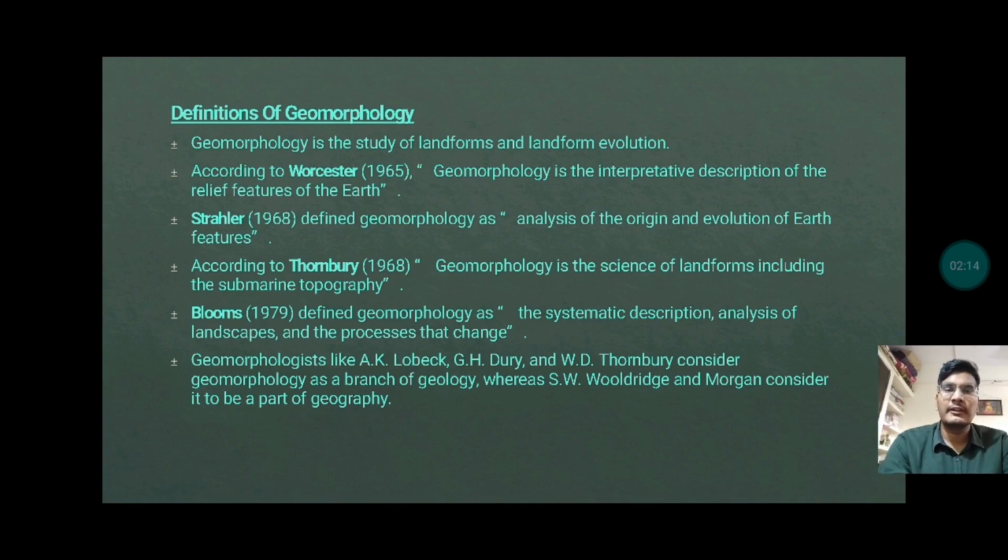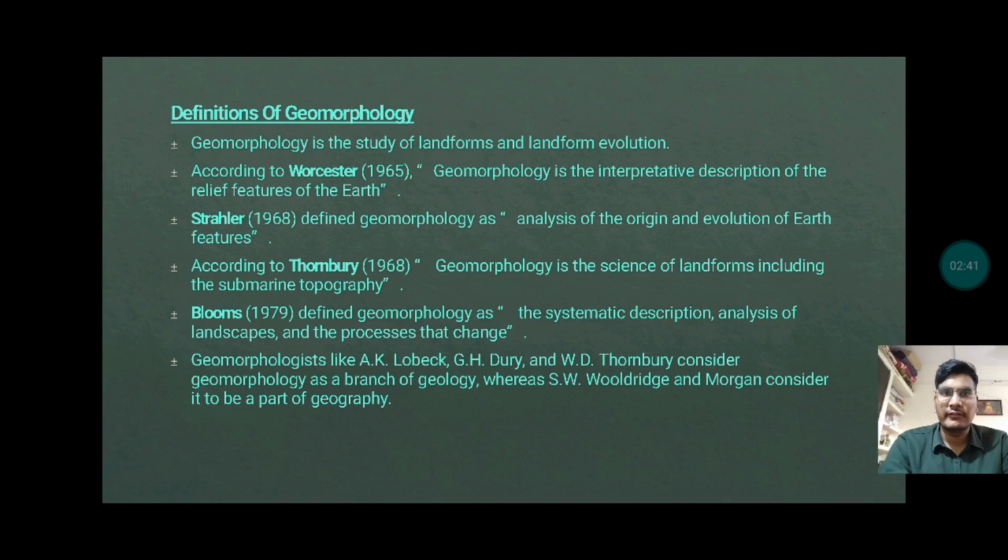There can be different definitions in different textbooks. The most simple definition is geomorphology, the study of landforms and landform evolution. Then there are several scholars and geographers who have defined geomorphology as per their own perspectives. The first geographer who defined it is Worcester.